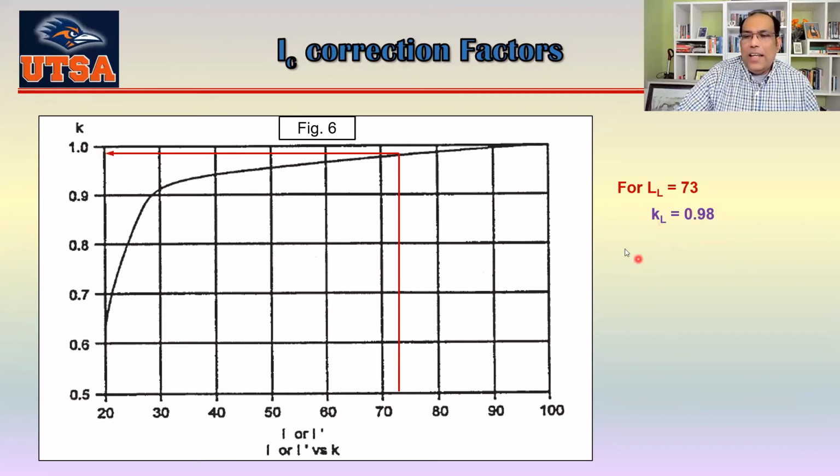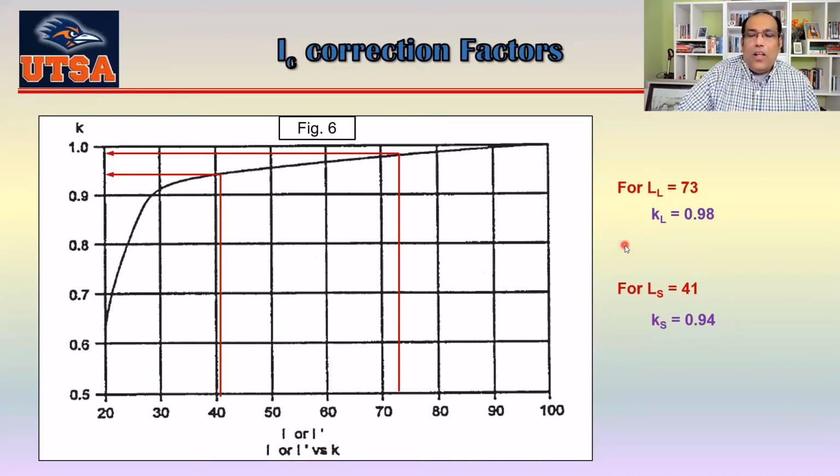That's in the long direction. How about in the short direction? In the short direction, our L is 41. If I draw a line from 41 and go here, that's basically 0.94.